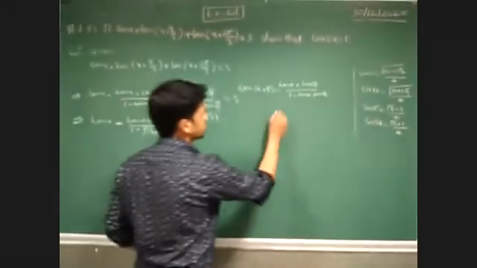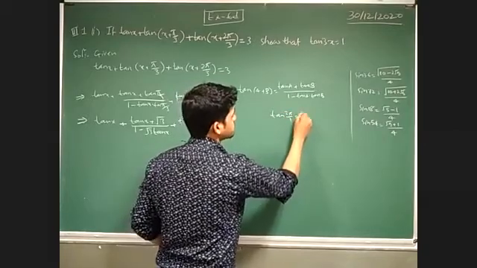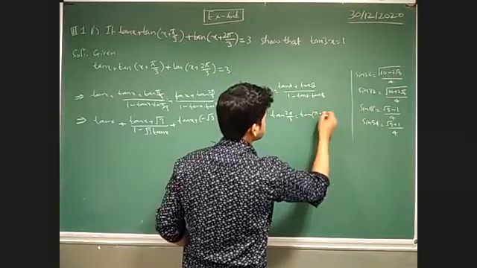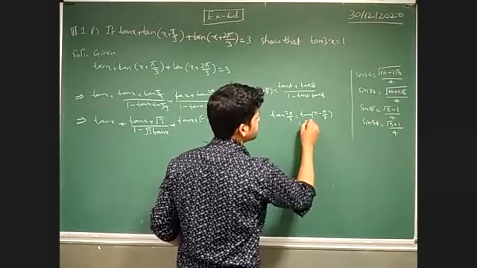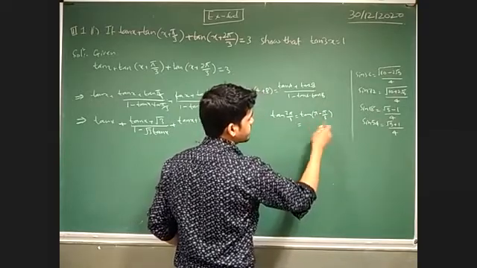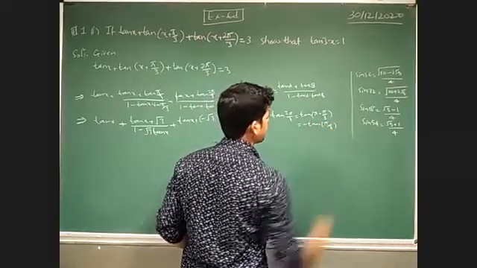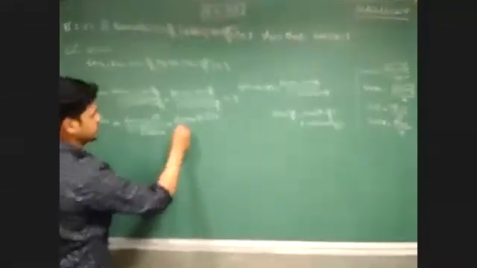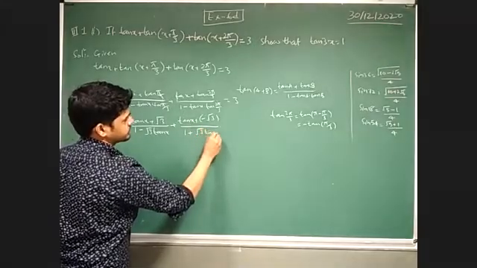Okay, because tan 2π/3 is nothing but tan(π minus π/3), and this is in the second quadrant, so this will be minus tan π/3. Okay, so here minus root 3, then here we will have plus tan x is equal to 3.